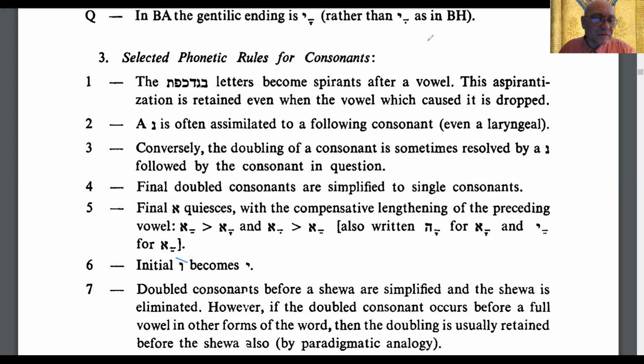Looks like it becomes zaray aleph. Okay, so whereas in a lot of cases, this silent hey at the end in Hebrew, I think that's what they're talking about. It changes it. In other words, it's not a hey. They put an aleph at the end, and so it's still silent. I think that's what this means. It makes it silent, if I remember correctly from some of my other primers. Okay, so initially vav becomes heric yod. Interesting.